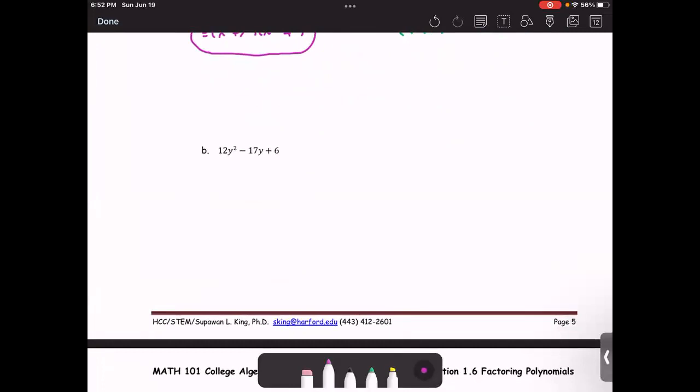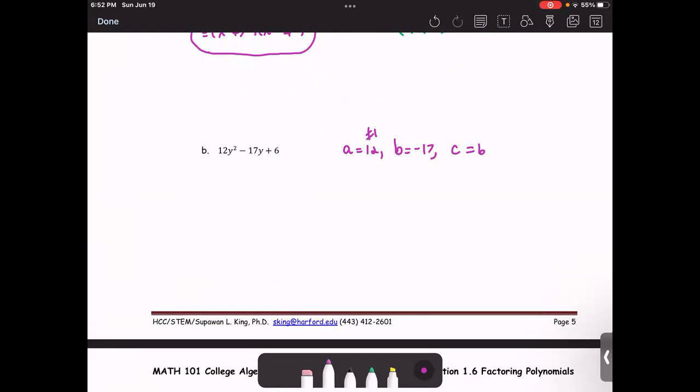For part B, 12y squared minus 17y plus 6. In this case, a is 12, b is negative 17, and c is 6. A is not equal to 1, so this is case number 2.